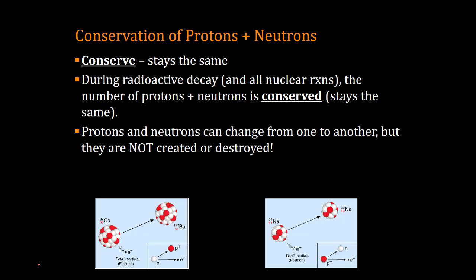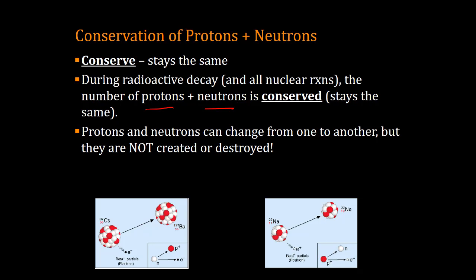Now, I hope you've noticed in alpha, beta, and gamma decay, we actually do have some conservation occurring. Remember, conserved means the amount stays the same. The amount of particles in the nucleus between the two atoms or particles released is actually conserved. So during radioactive decay, the number of protons plus neutrons is conserved.